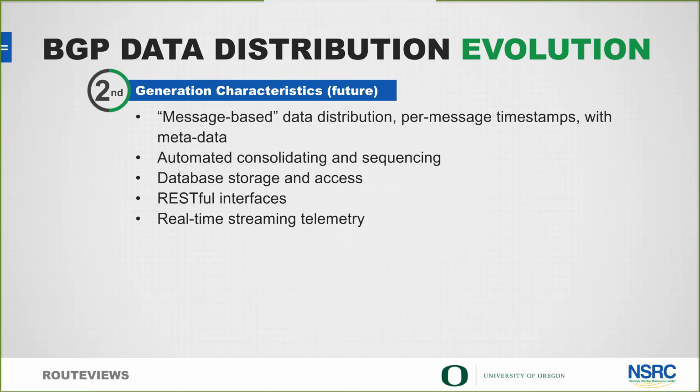So with this new wave of Route Views data distribution, we're able to deliver BGP updates in real time as they're received from the collector back to an endpoint that we manage at Route Views. And I think that's a really useful thing both for the operations community and also as a new interface for researchers to start looking at that data.